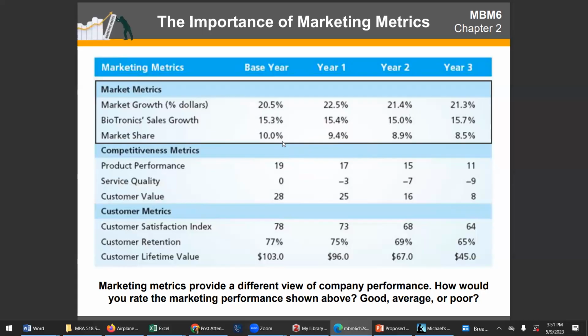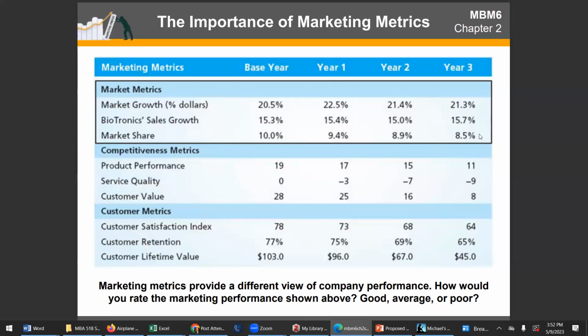However, if our market share does not keep up with the entire industry growth, a couple of things are happening. In particular, if the industry or the market is flat, which this is, it would say that the market share is flat, but market share for our company, for Biotronics, is going down.